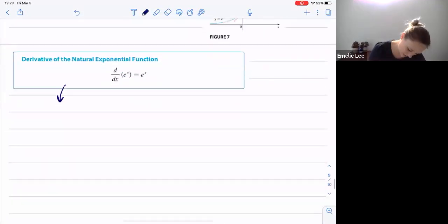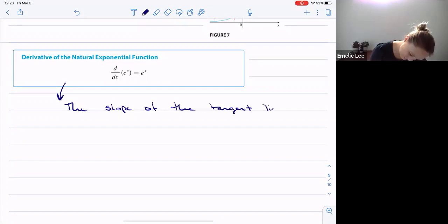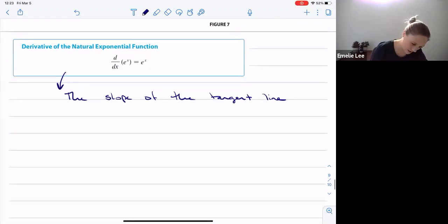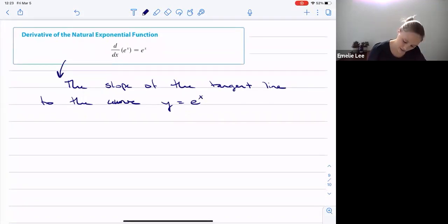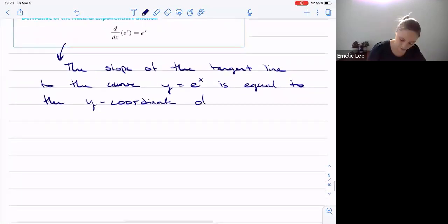So here, what we're saying is that the slope of the tangent line to the curve y equals e to the x is equal to the y coordinate of the point.